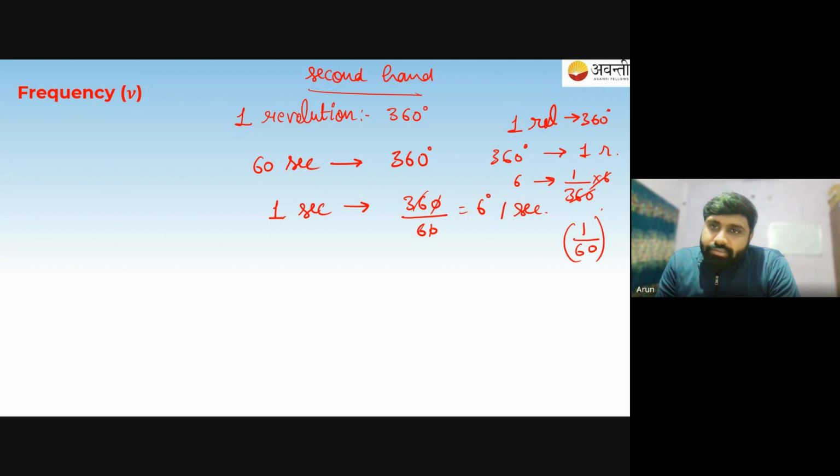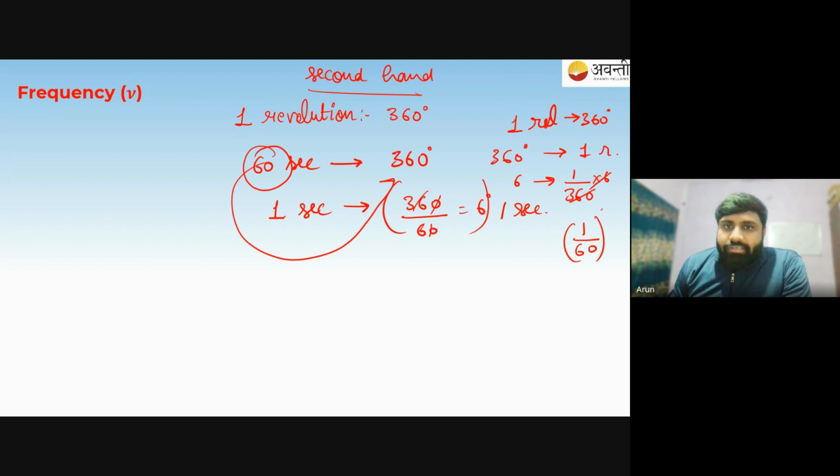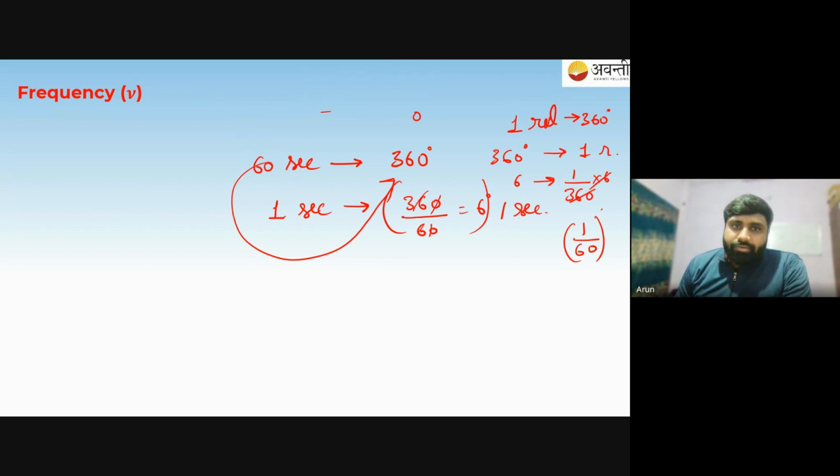So that is the frequency. If you carefully notice, the frequency I have given is the inverse of time, because I have divided this expression with time, and finally we got frequency. So we can say that frequency is the inverse of time. Revolution and all the things, I think it is clear to you.